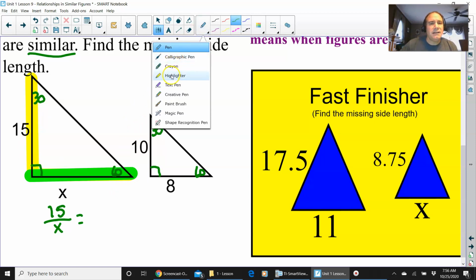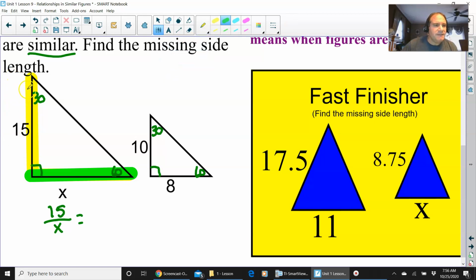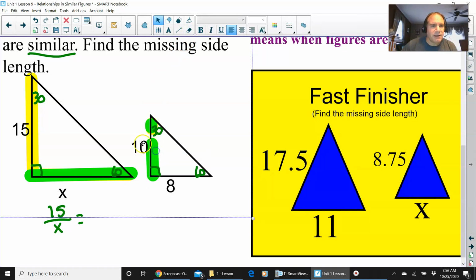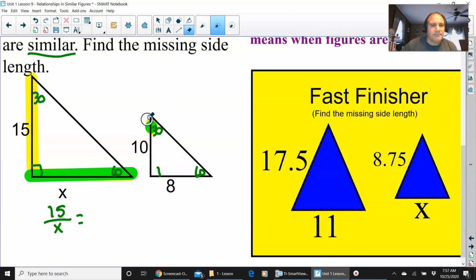So since I used 15 first, I'm going to match up the corresponding side and say, all right, no, that's the wrong color, but you get it. It's yellow. It's supposed to be yellow because that matches up the corresponding side. Just like that. So I'm going to match this corresponding side up with the 15, and I'm also going to match that x up with the 8.